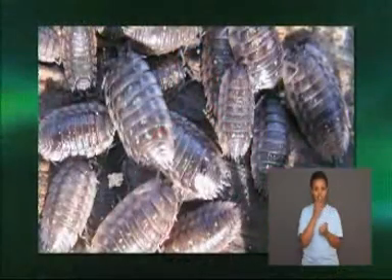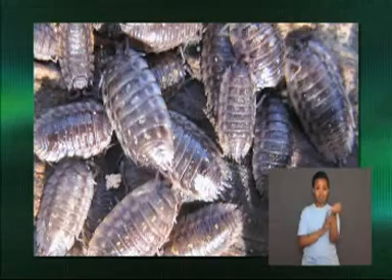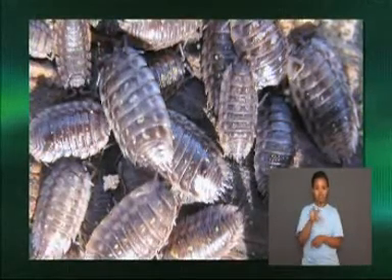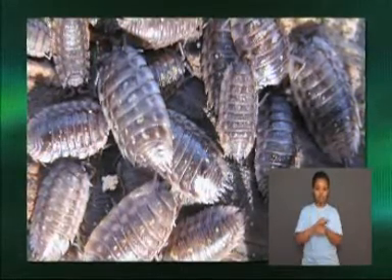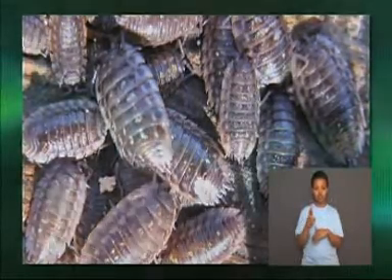If we look at the example of woodlice, we can see kinesis at work. Woodlice are a species of crustaceans that live on land. They are typically found under logs, stones, bark, and amongst piles of fallen leaves.